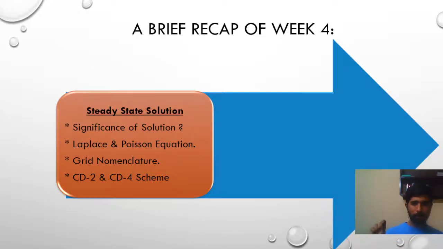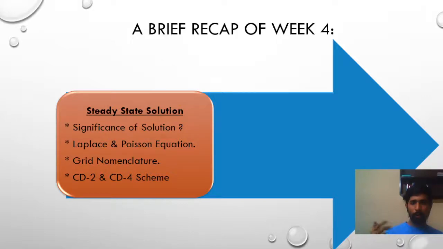But here you do not capture that in a steady state solution. We will later see in the next weeks maybe that we can try to capture that also using transient simulations. That is also possible, but these things are not possible with a steady state solution, only the final state is obtained.